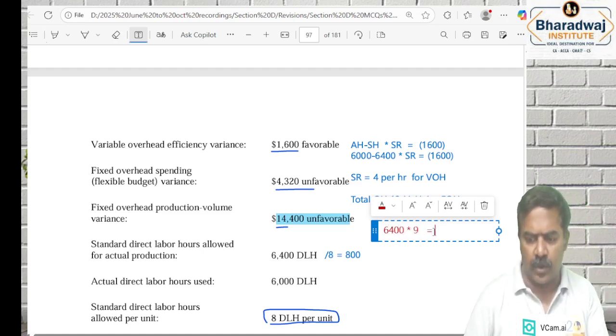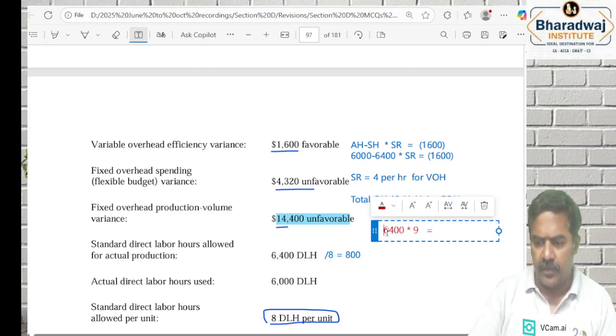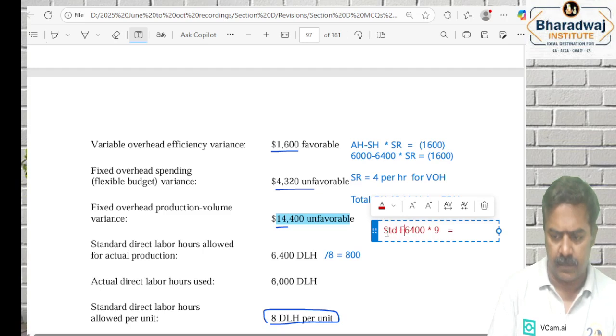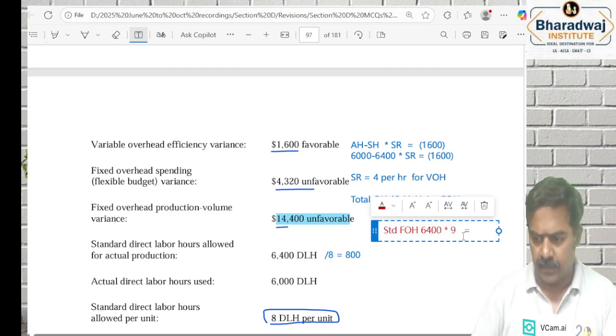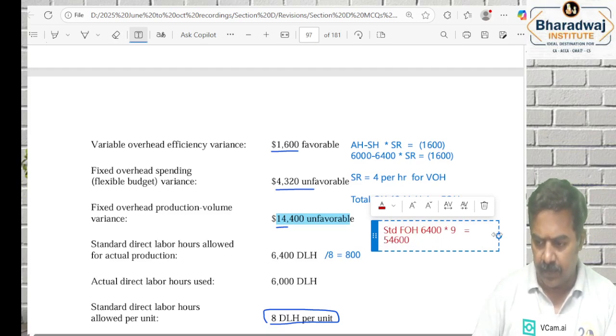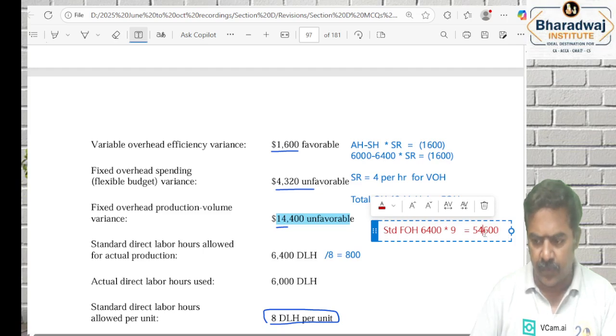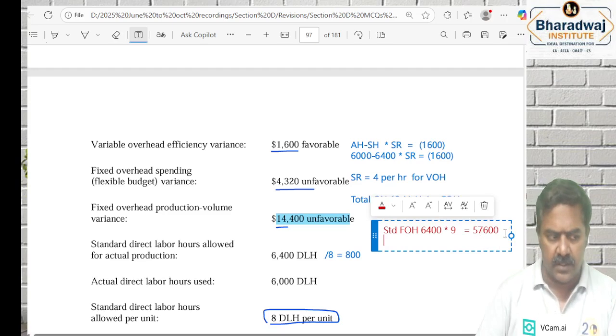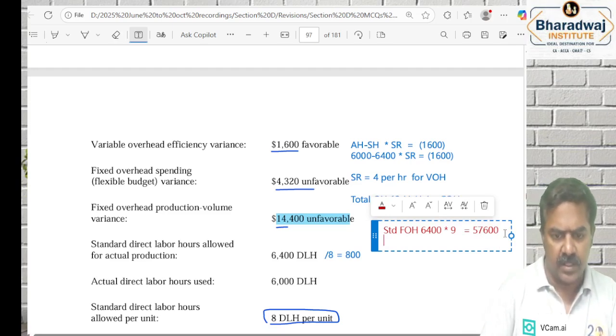What is 6,400 into 9? 57,600. The variance is, what is the volume variance?